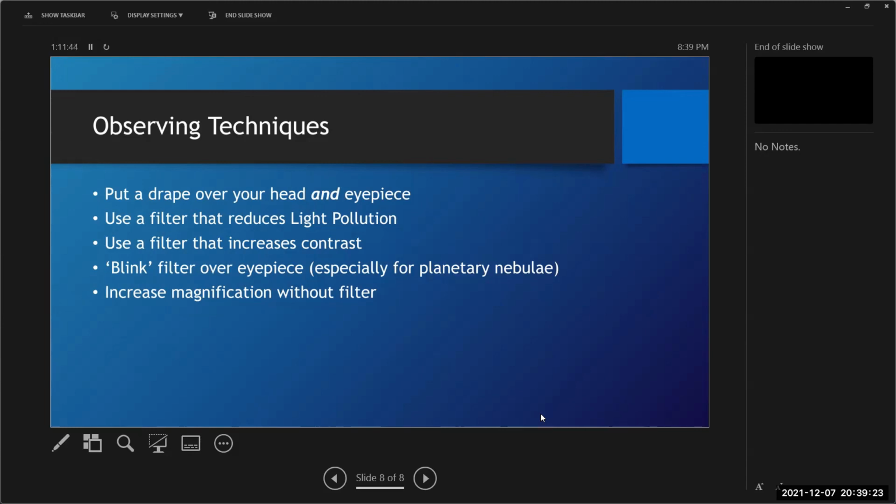Not very reproducible results. I was going to say in favor of the blink technique, there's been a lot of times where I've had my filter in, observing something for a long time, and then I slew over to another object, and all of a sudden I was like, why is this so black? Only to realize, oh well, yeah, I've left my filter in.